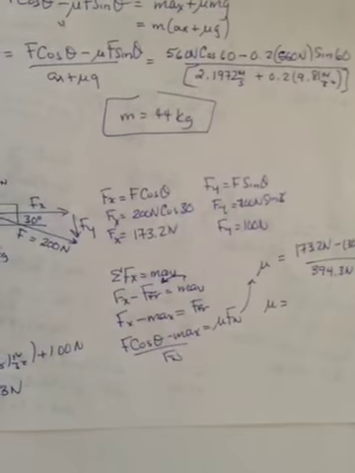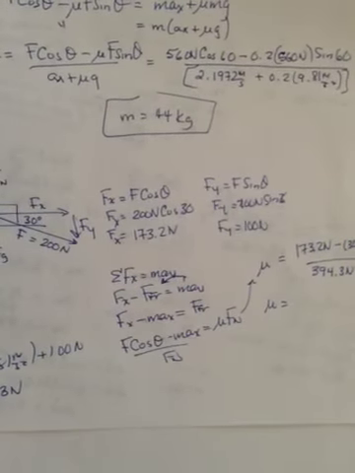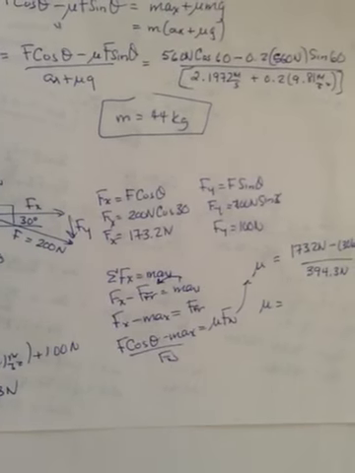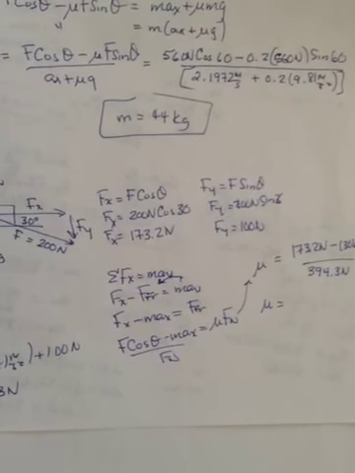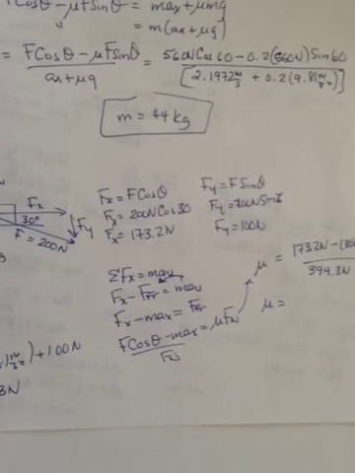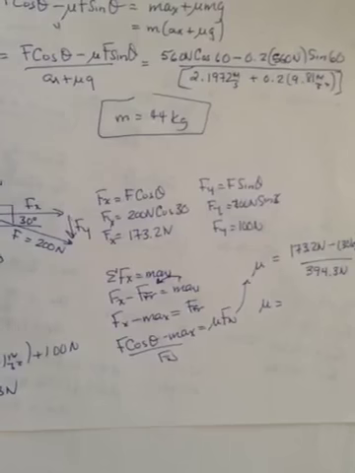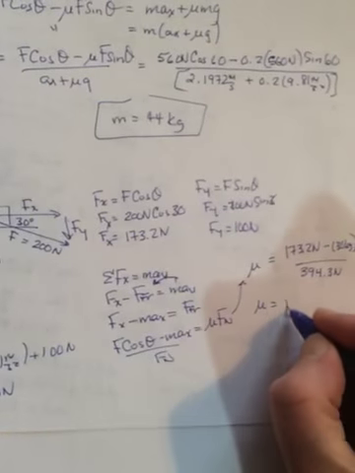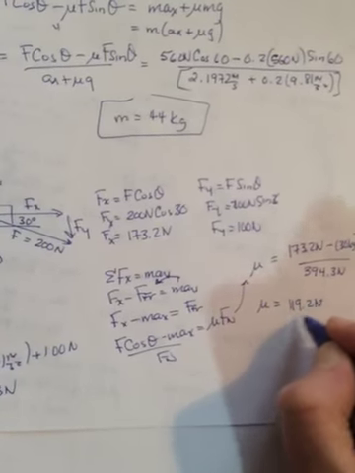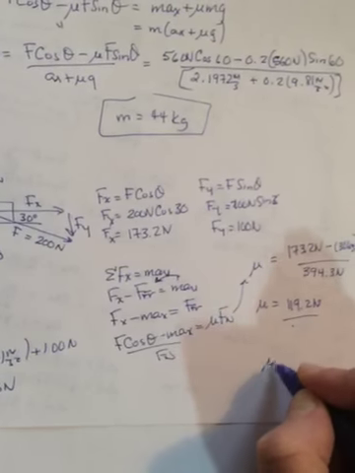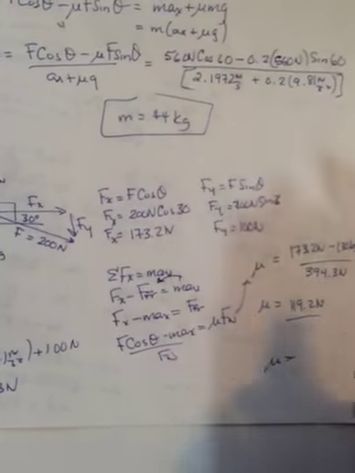So mu equals, on the top, 173.2 minus 30 times 1.8. So on the top you get 119.2 newtons divided by that, and you get a mu of 0.3.